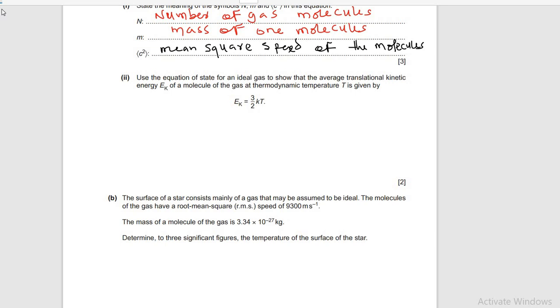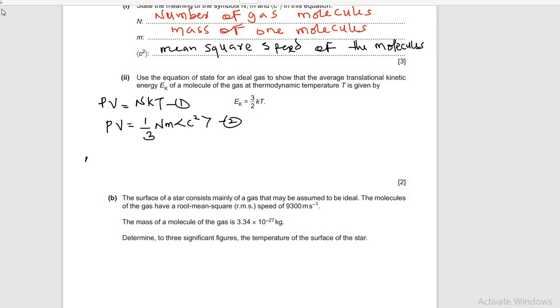The next question. Use the equation of state of an ideal gas to show that the average translational kinetic energy of the molecule of gas at thermodynamic temperature T is given by this. Now since PV equals NkT, and PV is also equal to 1/3 Nmc squared, that's the equation of ideal gas. So equate both of them.